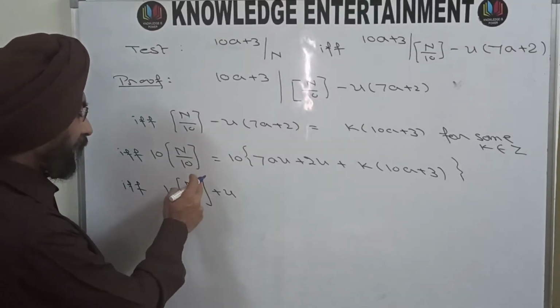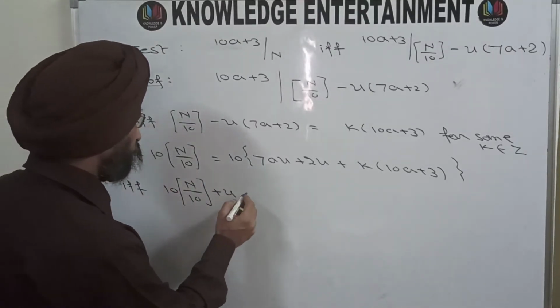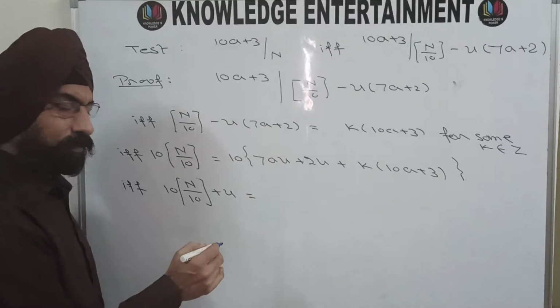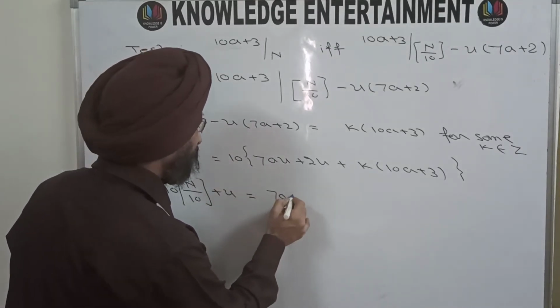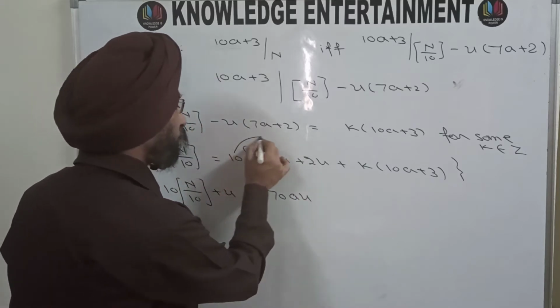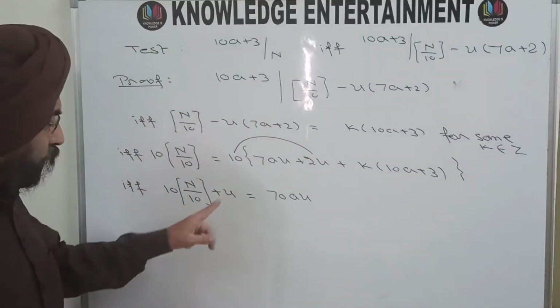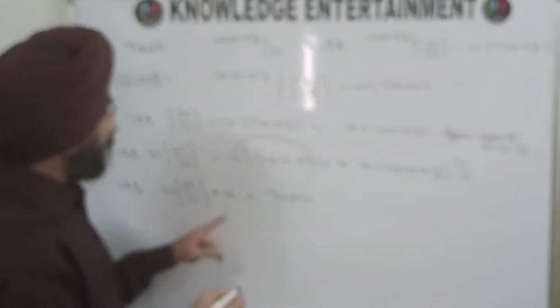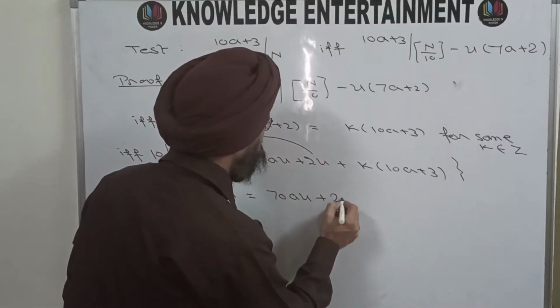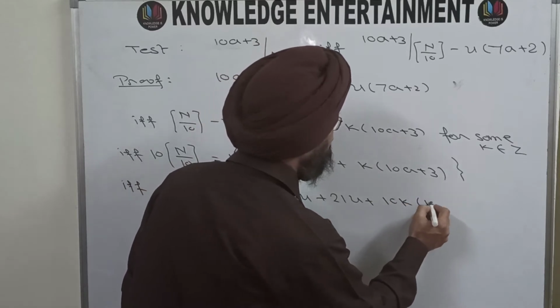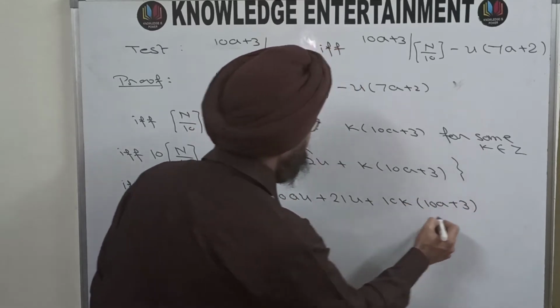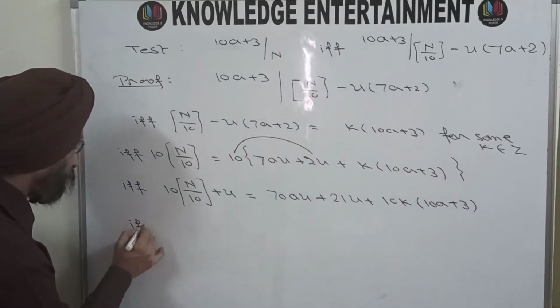So 10 times the greatest integer of n by 10 plus u is equal to 70au, here you will have 20u and you have added 1u also. So you will get 21u plus 10k times 10a plus 3 if and only if.